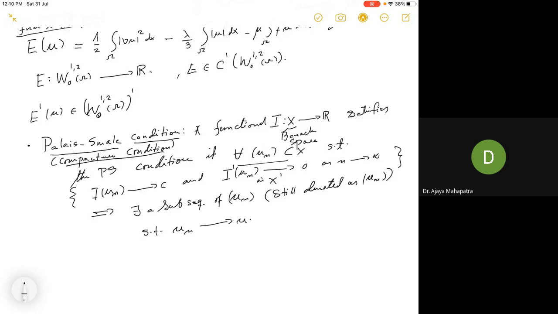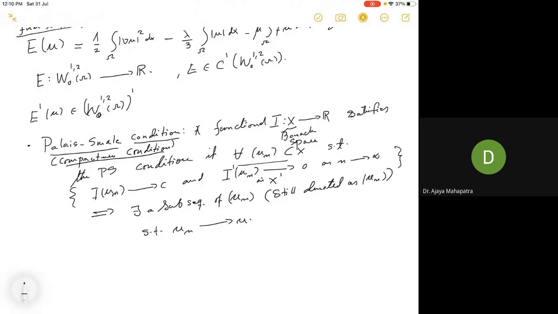For instance, you say something is compact in a space of continuous functions over a compact set when the family of functions happens to be uniformly bounded, and in addition it also has to be equicontinuous. Then you can establish that it has a convergent subsequence. So the characterization changes from space to space, and this is what we have here.